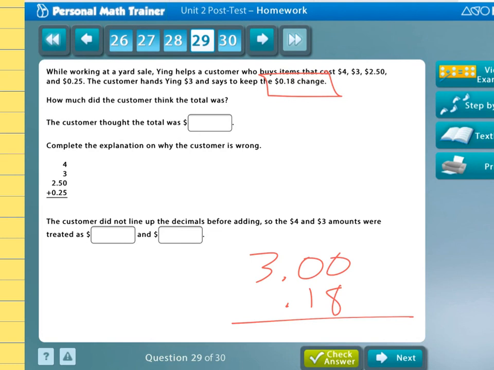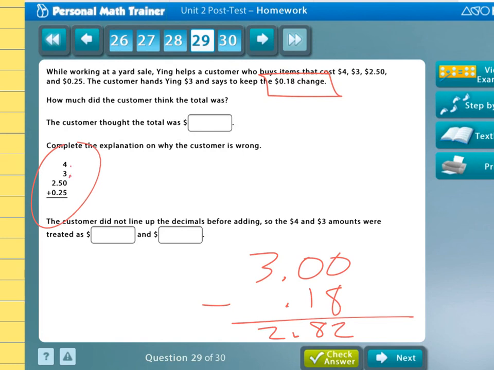So if the customer gave Ying $3 and thought there was 18 cents change, then they thought that it was going to be $2.82. So think about the problem here. Look at these decimal points. 4, there's a decimal point here. 3, there's a decimal point here.